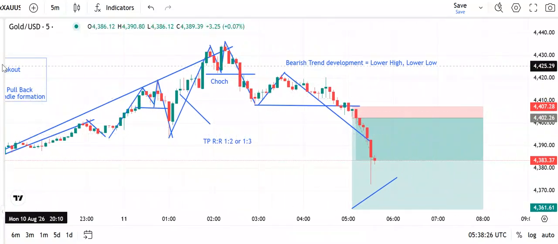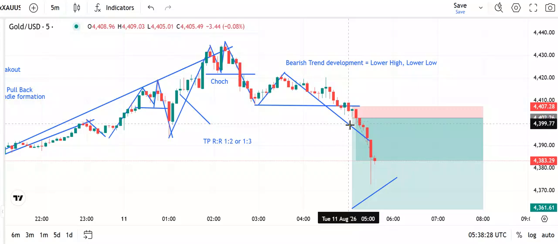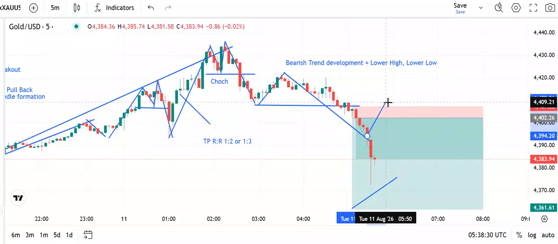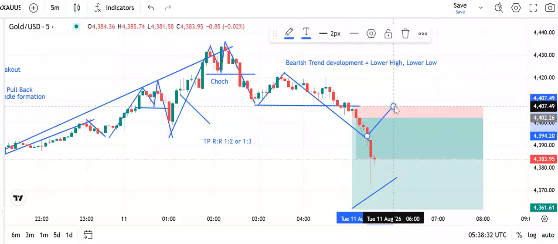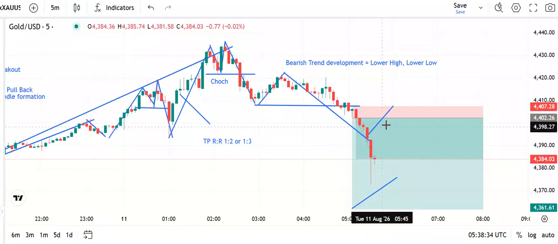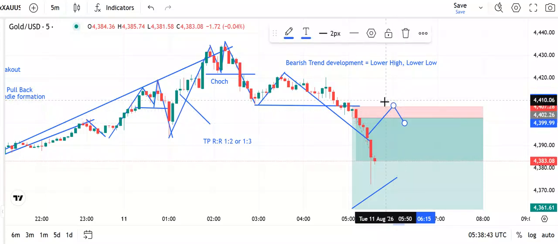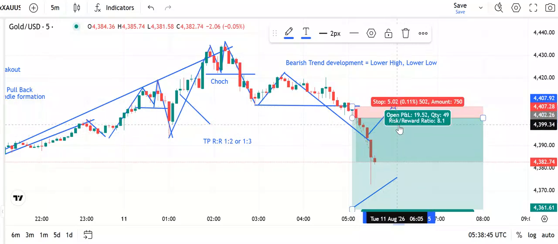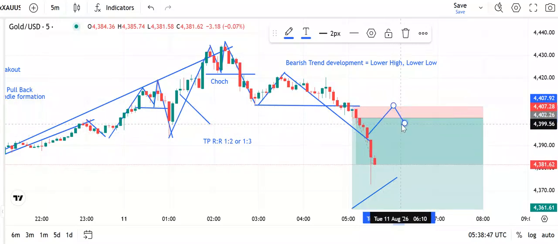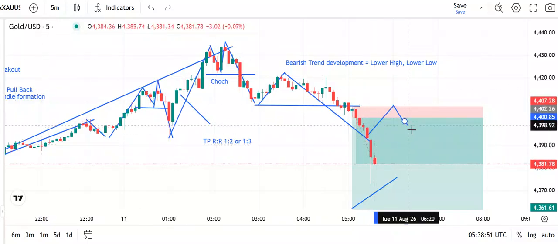Now, if you have second pullback somewhere around here, of course, this will be bullish candles. The moment you start to see 1, 2 bearish candles showing that you have a swing, then you can enter around here to ride the trend.